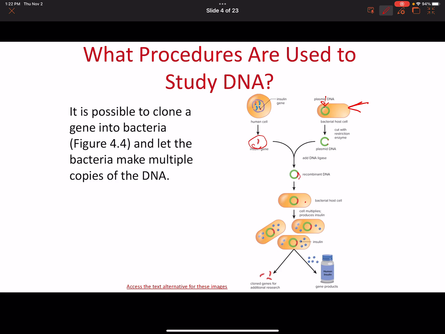This bacteria will then multiply, and when it multiplies, it will begin to produce insulin. And these bacteria will also make cloned insulin genes that we can use for study as well.